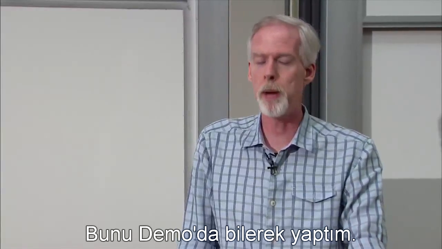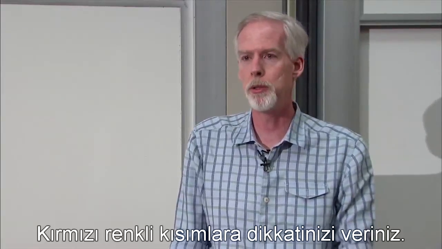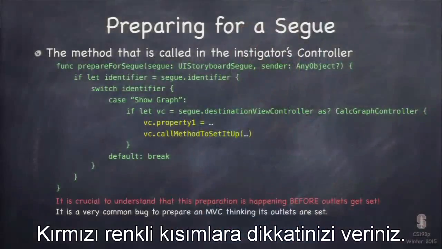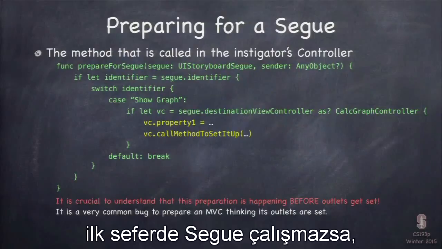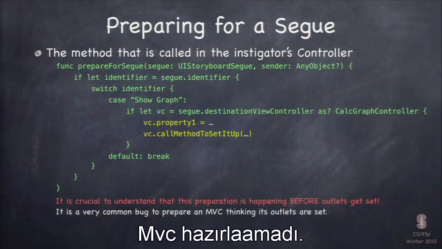I'll show that in the demo. I've made my demo intentionally crash because of this, and we'll go back and look at why that happens. But this is red. Pay attention. If your segue doesn't work the first time, it might well be because you're expecting outlets to be set when your MVC is being prepared.